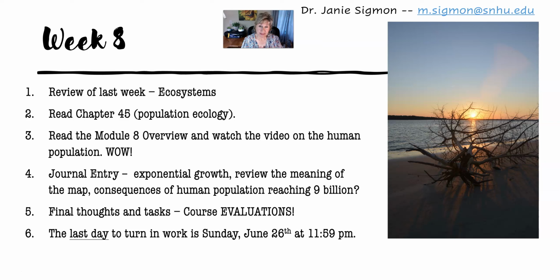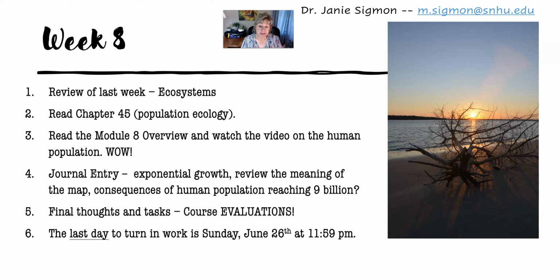During my lifetime, and I'm 65 right now, I know I don't look it, we have gone from 3 billion people in 1960 to 4 billion in 1974, 5 billion in 1987, 6 billion in 1999, 7 billion in 2011, and 8 billion is estimated for next year.